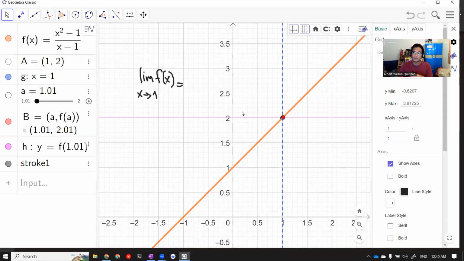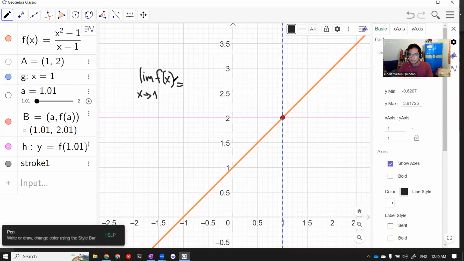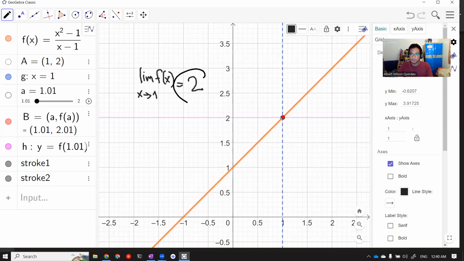Tapos ganun din from the right, or from the positive direction, habang yung x ay papalapit ng papalapit kay 1, si f of x ay papalapit naman ng papalapit kay number 2, then we can say that the limit of f of x as x approaches 1 is equal to 2. And that is estimating limits using graphs.